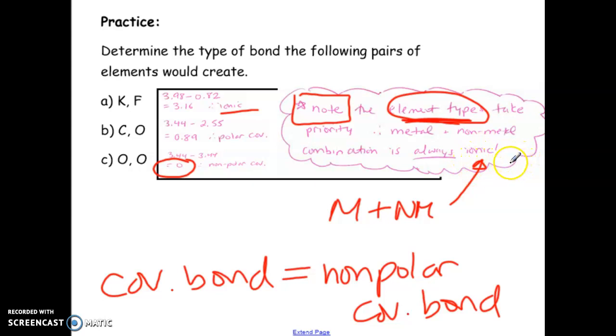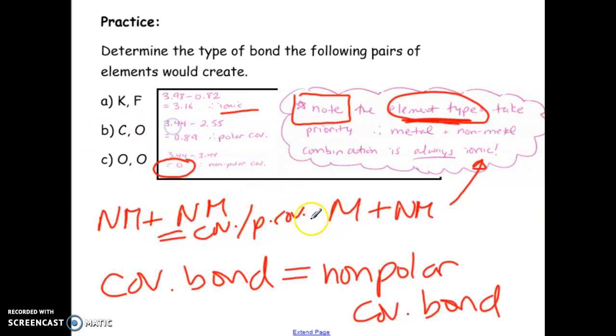Same thing when you have two non-metals: a non-metal plus another non-metal is always going to be either covalent or polar covalent. You will never have a non-metal with another non-metal that's ionic. It's always some type of covalent bond. So the type of elements is always the number one thing to look for.